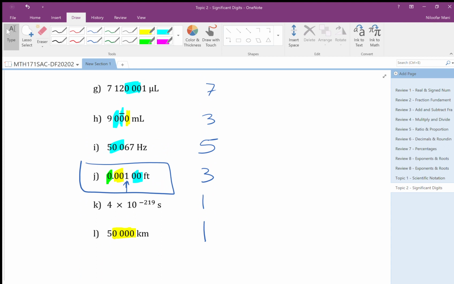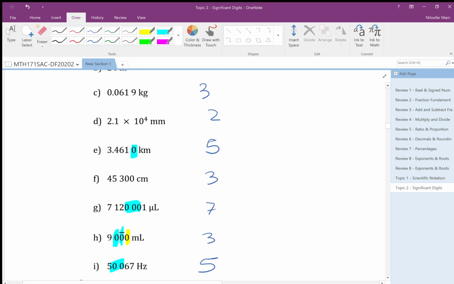When I have a decimal, zeros before the first non-zero digit are not counted, and when I don't have a decimal, zeros after the last digit are not counted. Anything else is counted. Non-zero digits are counted. Zeros after the decimal and zeros between non-zero digits are counted.